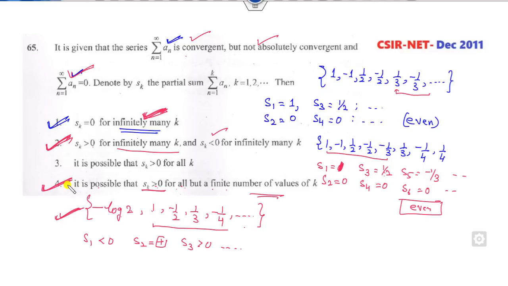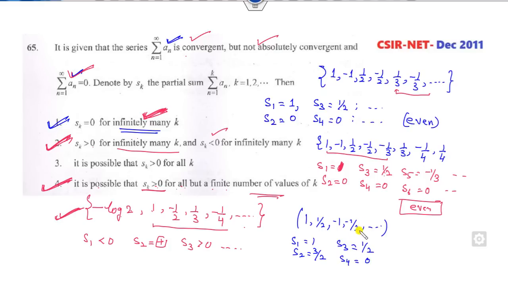Can you think of a sequence whose partial sums are always greater than 0? We can rearrange them like 1 by 2, minus 1 by 2 and here. So look at that. S1 will be 1, S2 will be 3 by 2, S3 will be half, S4 will be 0.